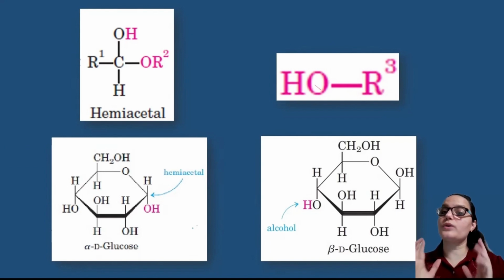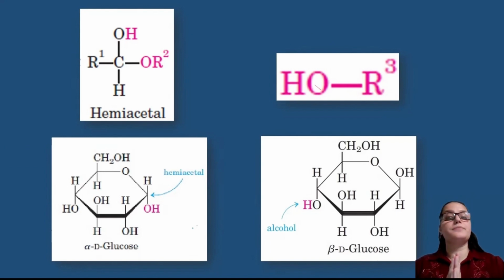And if some glucose wants to play the role of alcohol, then first of all, there is no restriction of availability of a specific carbon. Carbon number 1, 2, 3, 4, or 6, apart from 5, any carbon can participate in this bond formation.